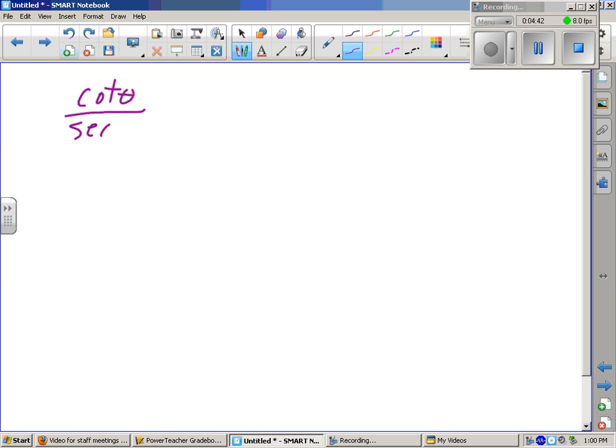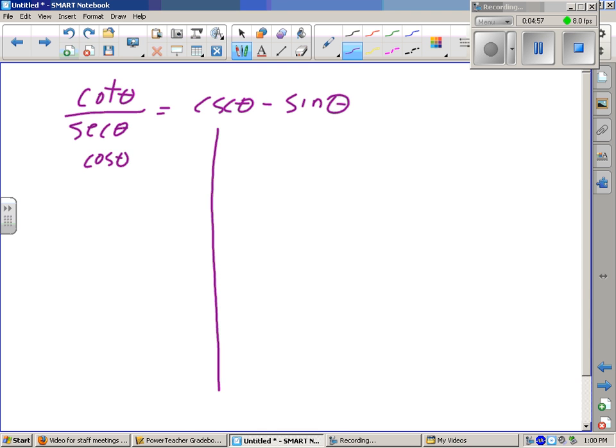Cotangent over secant equals cosecant minus sine. All right, I'm still going to work on the left side because there's not a whole lot to change on the right side. So on the left, I have cosine over sine for cotangent. And on the bottom, I have 1 over cosine. That's what secant is. Now I have two fractions.